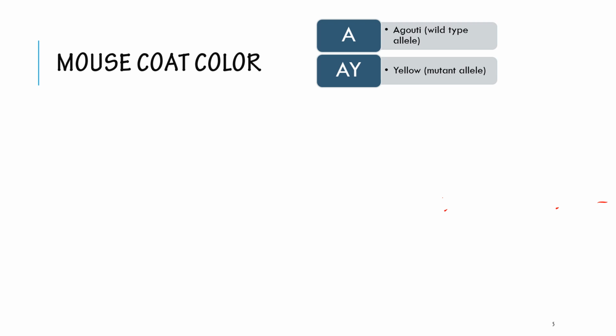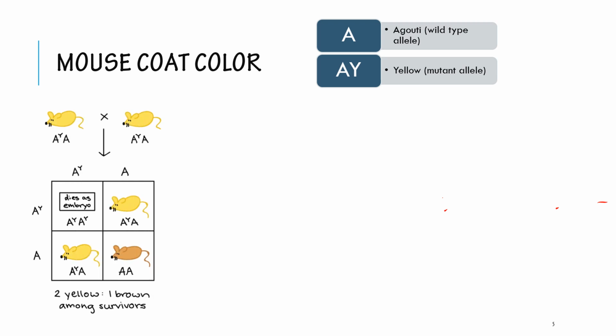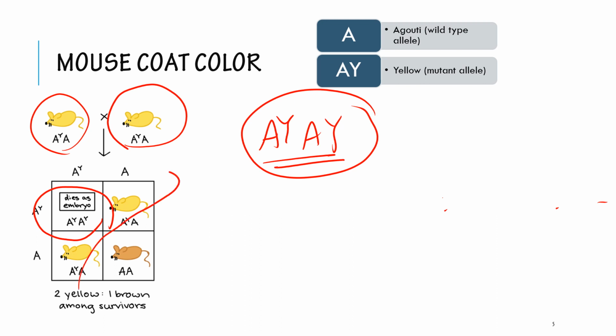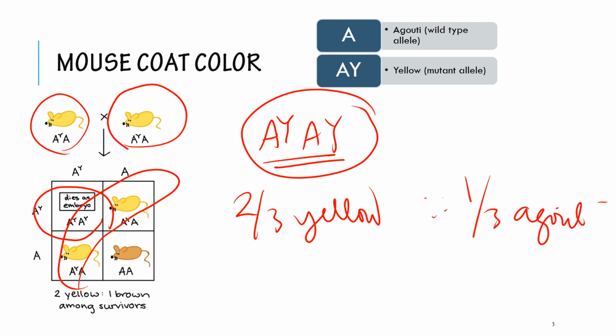Because when the two yellow mice were crossed, the homozygous yellow, A^Y A^Y, was lethal. So it's another example of a dominant lethal. The yellow is dominant, but in the homozygous condition, it's lethal. So what survived were 2/3 yellow and 1/3 agouti.